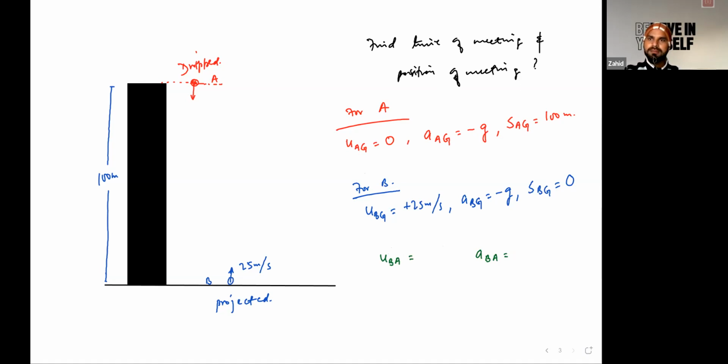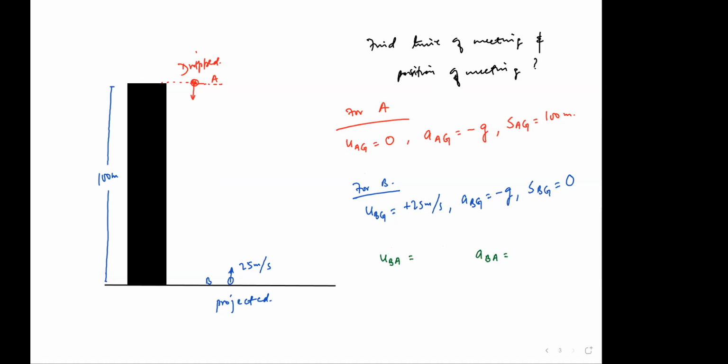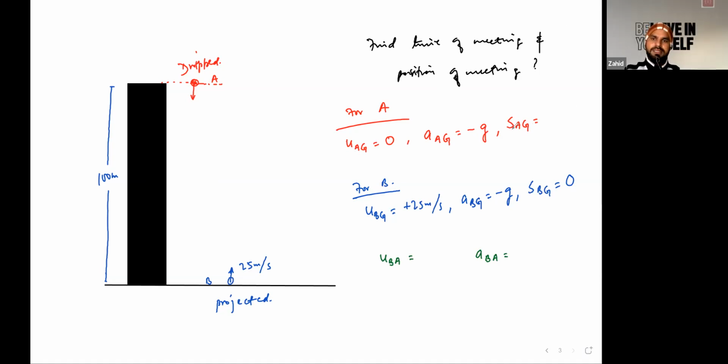Is it clear? Yes, sir. Try to simplify it. Since displacement of A with respect to ground is along the downward direction, which is the negative y-axis, it will be just minus 100 meter.